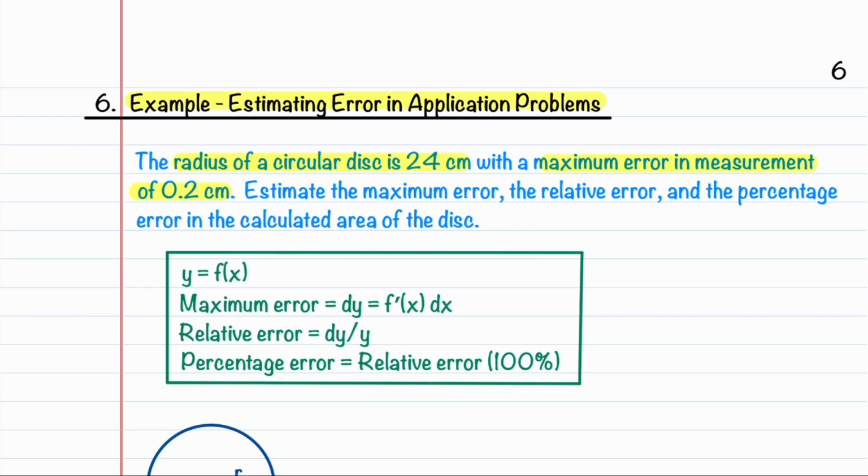We want to estimate the maximum error, the relative error, and the percentage error in the calculated area of the disk. y equals f of x is the function that we're going to be calculating the error in. So in our example, this is going to be the area function. The maximum error is given by dy. The relative error is then dy divided by y, and then the percentage error is just the relative error times 100%.